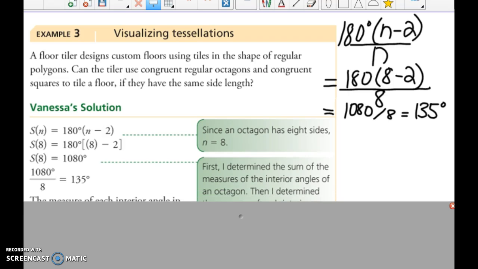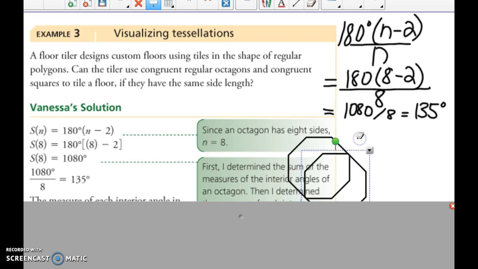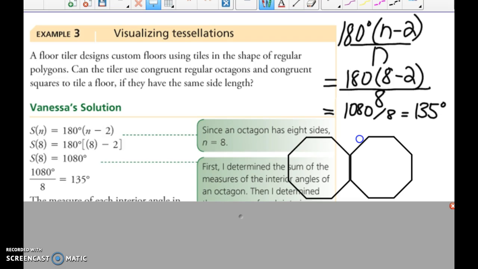If we try to visualize what that would look like, here's an octagon. So if we are trying to form a perfect fit right here, this is 135.